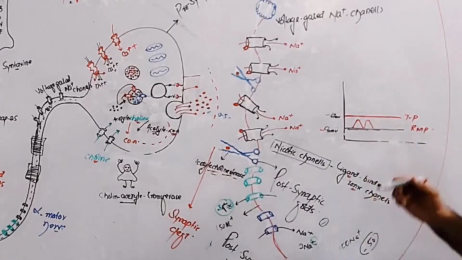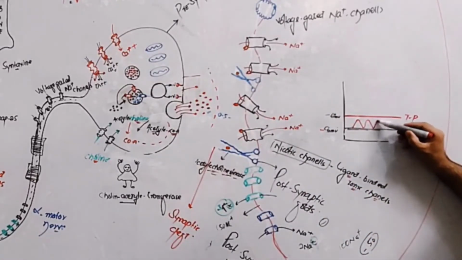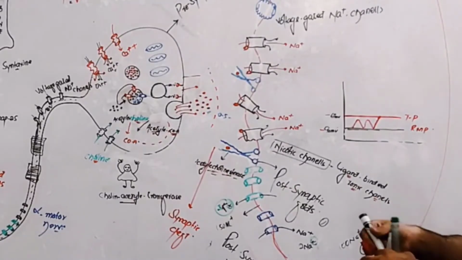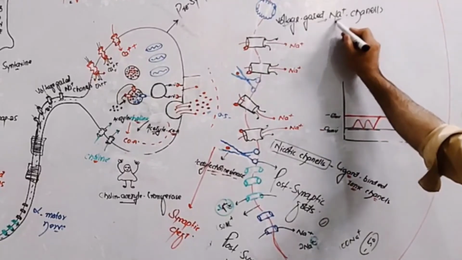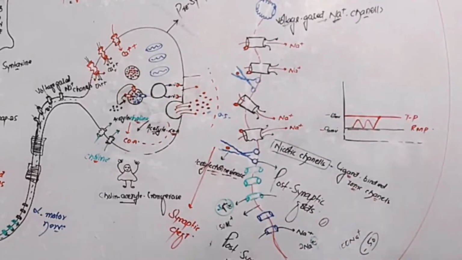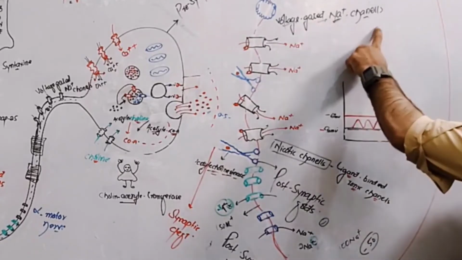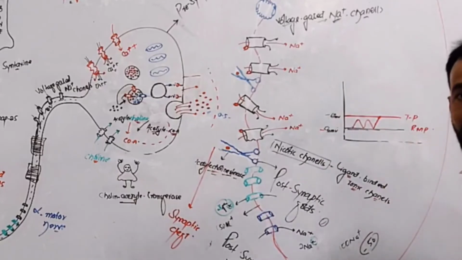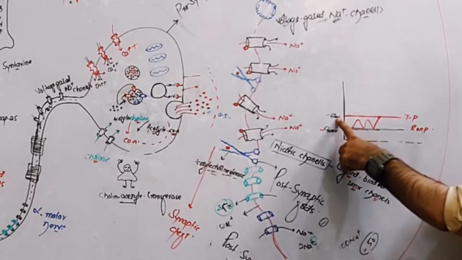But if more acetylcholine is released and it binds to the channels for a little bit higher time, the potential will reach threshold, and when it touches the threshold, suddenly voltage gated sodium channels will open. It's quite easy. So what are voltage gated sodium channels? Those channels which will open at a specific voltage, which is about minus 60.